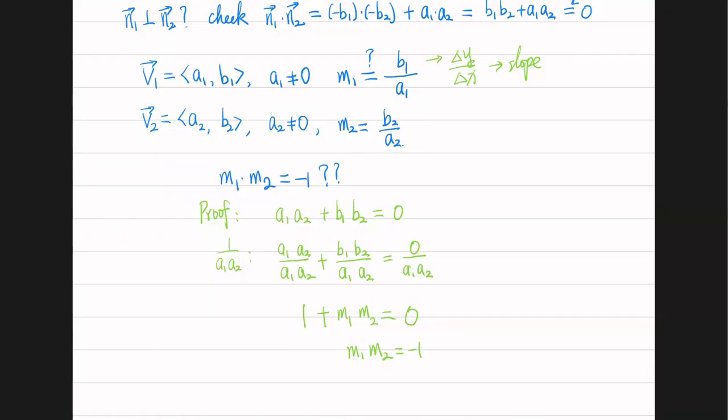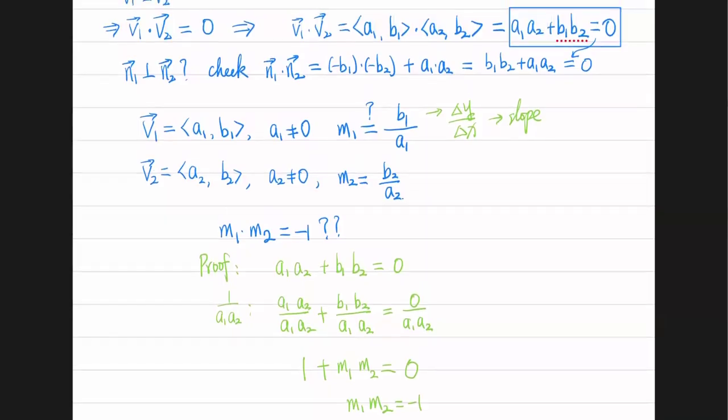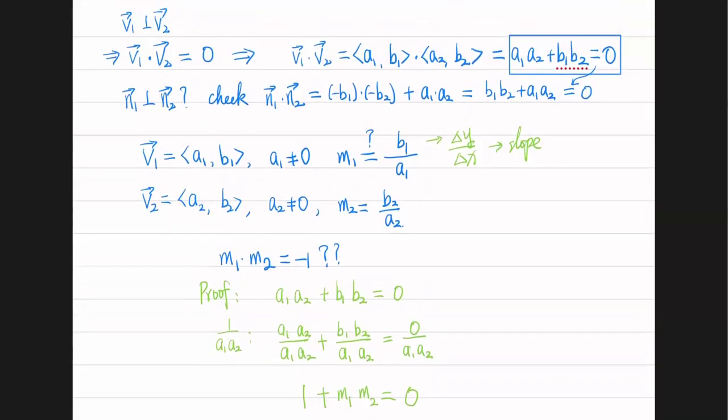We started with the condition that the two directions are perpendicular. Since they're perpendicular, their dot product must be 0, and we get our first equation.